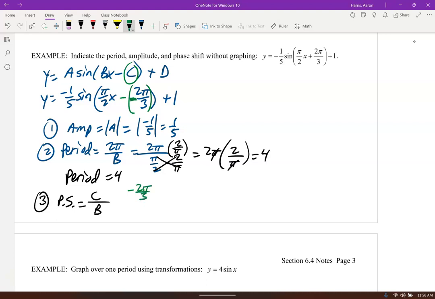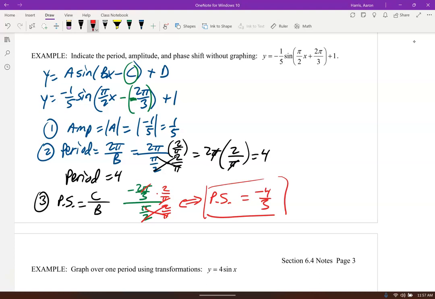That's your c. Your b is the pi halves. And you just got to clean that up. So times 2 over pi. Pi's cancel, so it looks like our phase shift here is -4/3, and I'll talk about what that means graphically when we get to a phase shift.